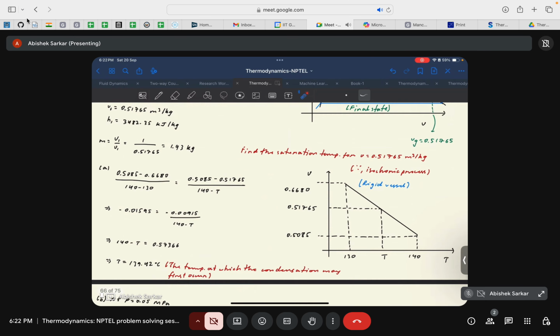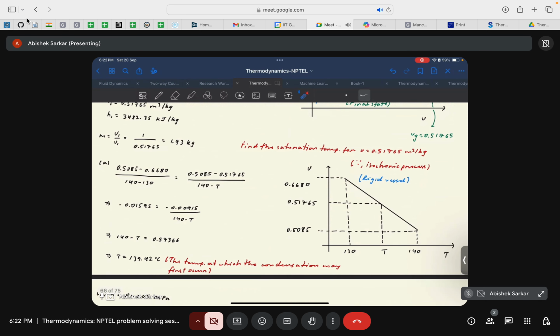So it would imply that this slope and this slope should be equal. You can even do this slope and this slope as well, no worry, but in this case we have chosen to equate these two slopes. If you do that, you get (0.5085 minus 0.6680) divided by (140 minus 130) equals (0.5085 minus 0.5176) divided by (140 minus T).